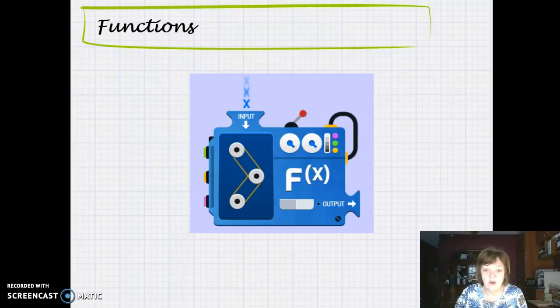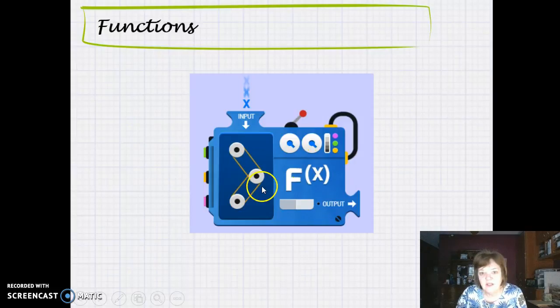You're going to hear me say this, and you're going to see this in a lot of places. We call it a function of x, all right? We put something in, an input, x, is the typical one, and you'll see lots of other letters that are going to go in. But right now, we're just going to talk about x and y. So x goes in.